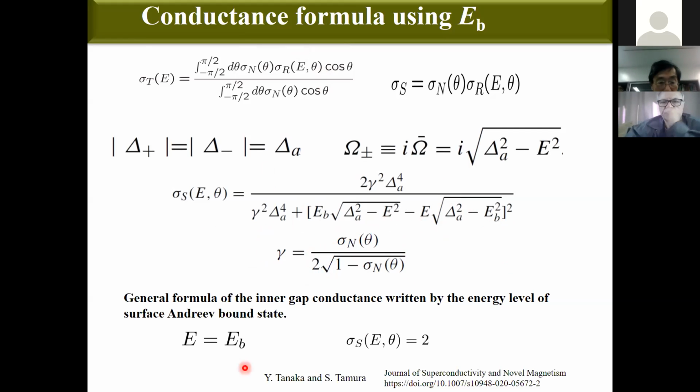It includes a very important message: if we fix the energy E equal to EB, sigma S is always 2, and perfect resonance occurs. Just at the Andreev bound state level, sigma S becomes 2. This was published in the Journal of Superconductivity and Novel Magnetism, a congratulatory issue for the 80th birthday of Brian Josephson.